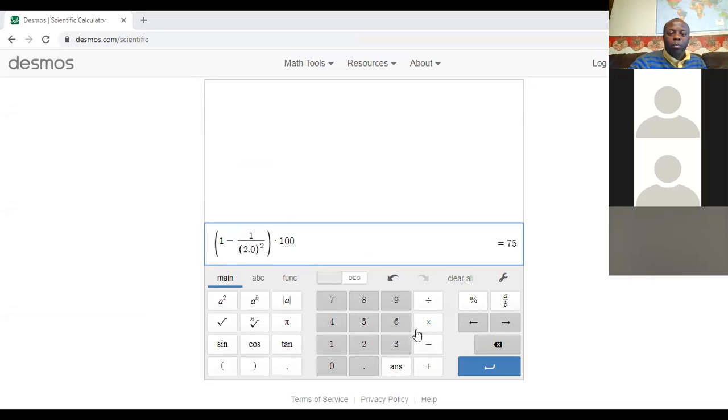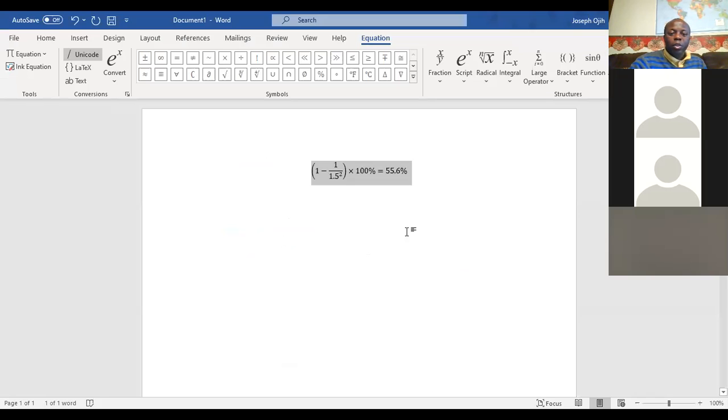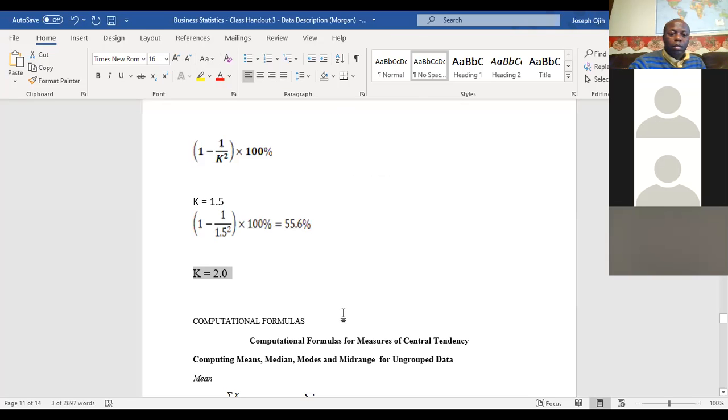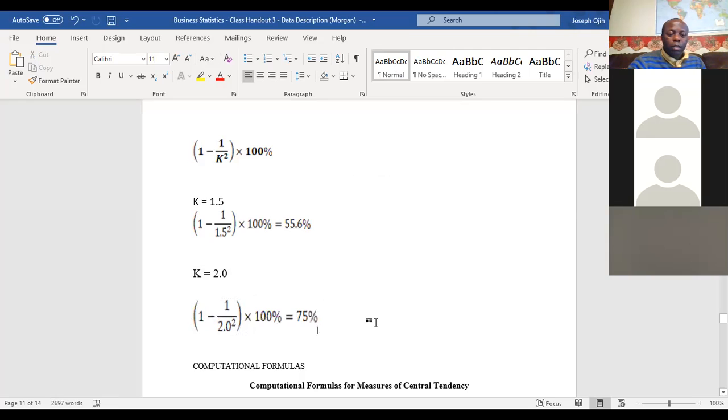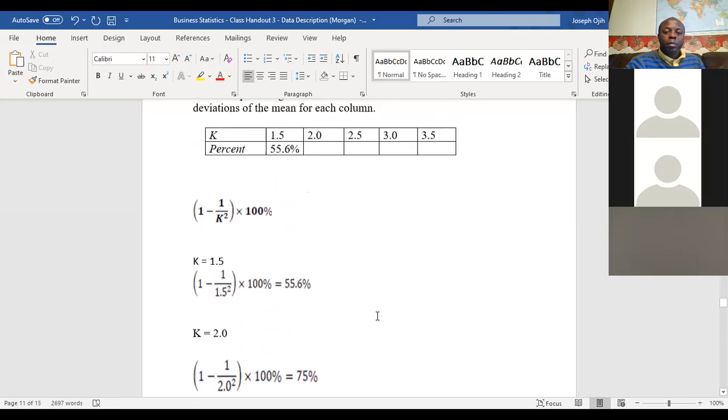So I'll take you to our second workbook, where we put 2.0 here, and that will give us 75%. Then I'll put it in our main workbook: 75% goes here.